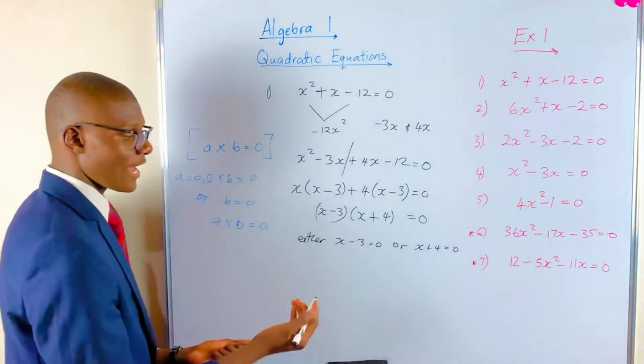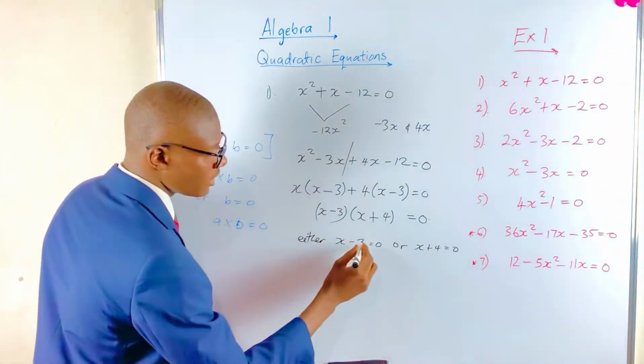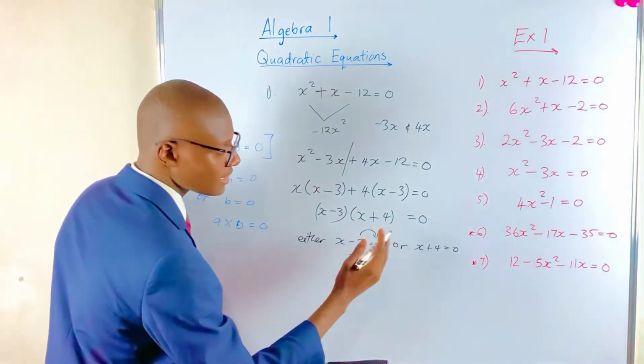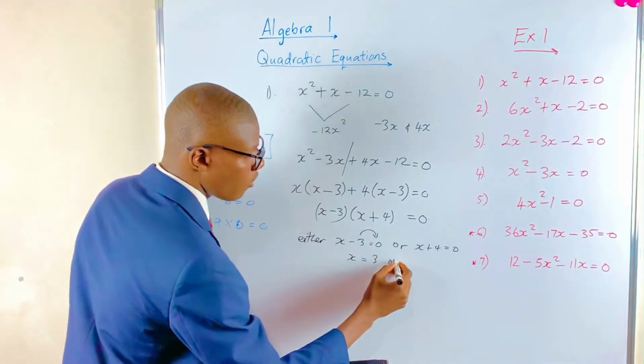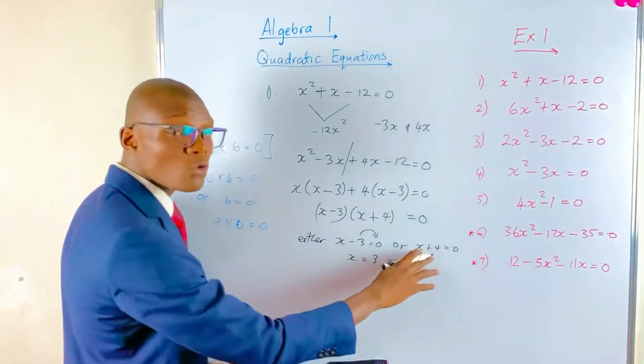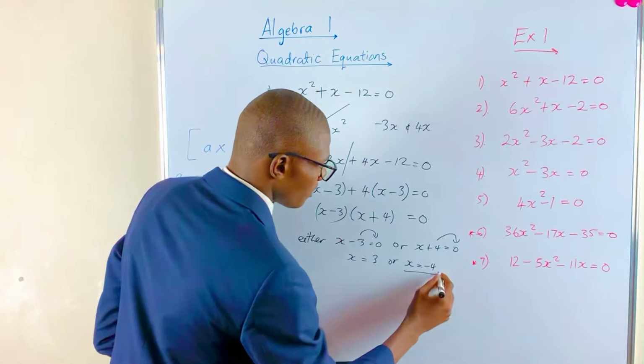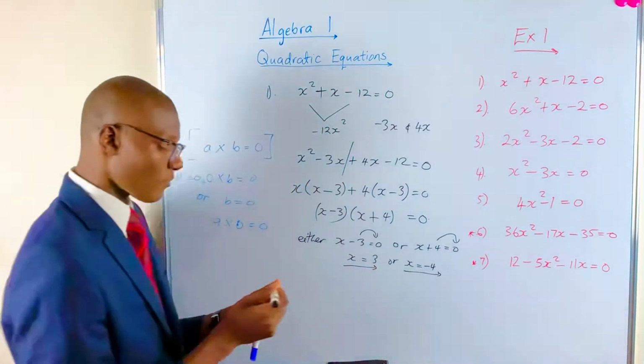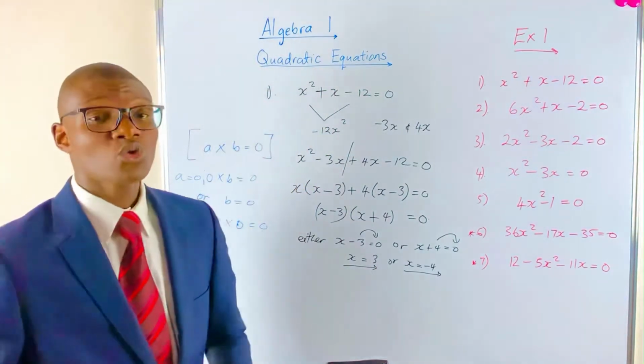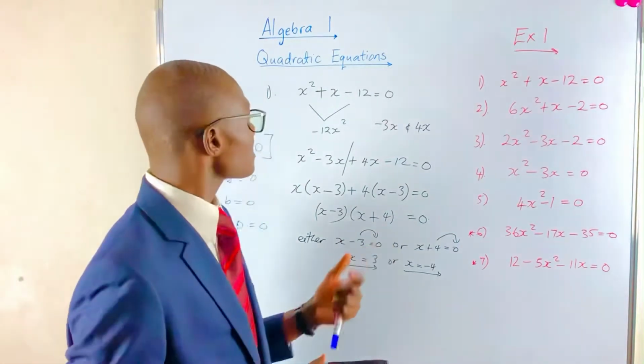Now we can solve for x. So x is equal to, taking minus 3 to the other side, the right hand side, we get a 3, or x is equal to, taking 4 to the other side, the right hand side, we get a minus 4. So x is equal to 3 or minus 4. These are the two solutions that we get for this equation.